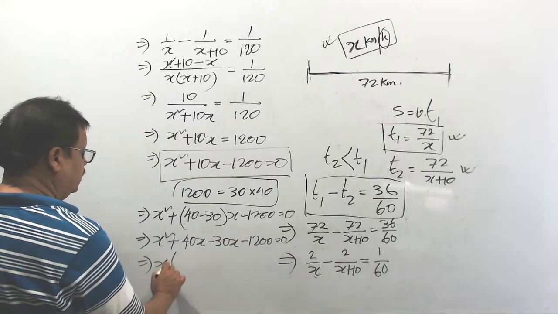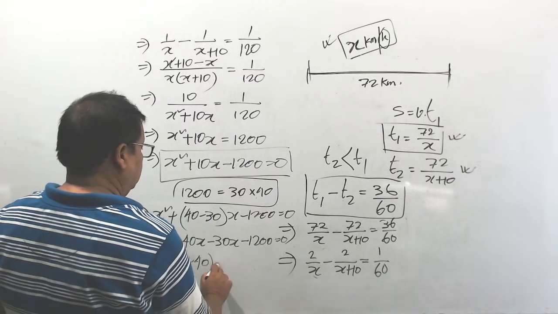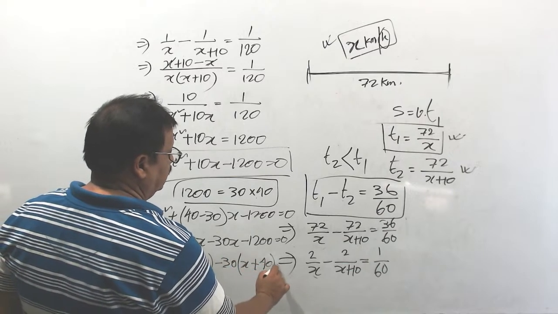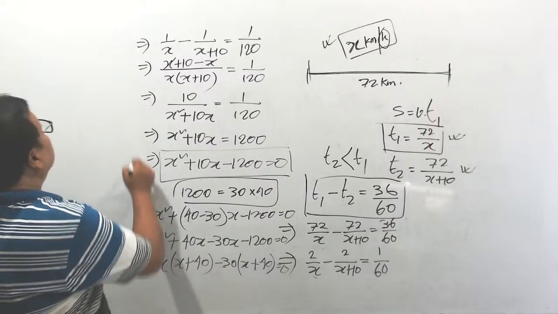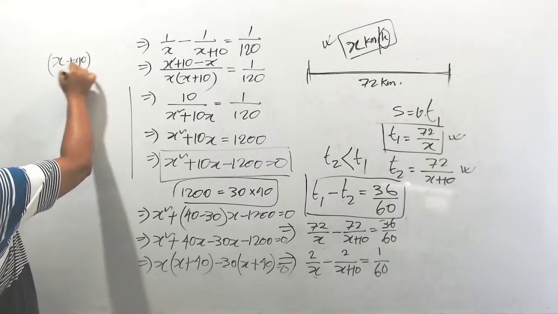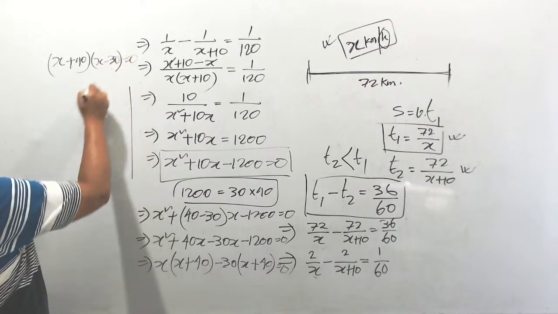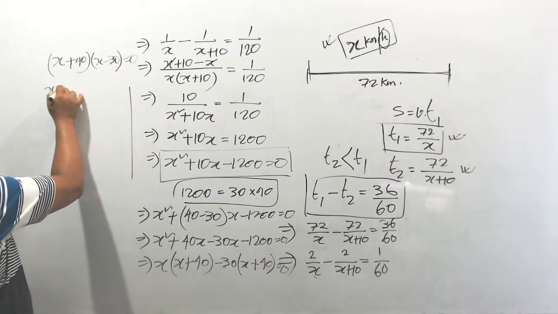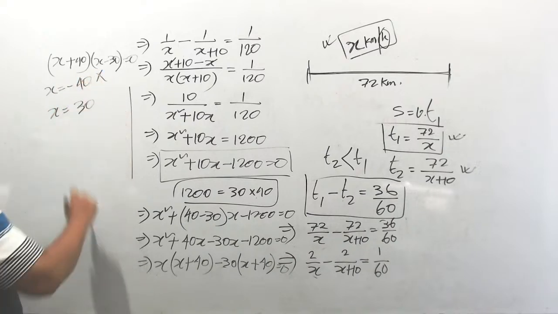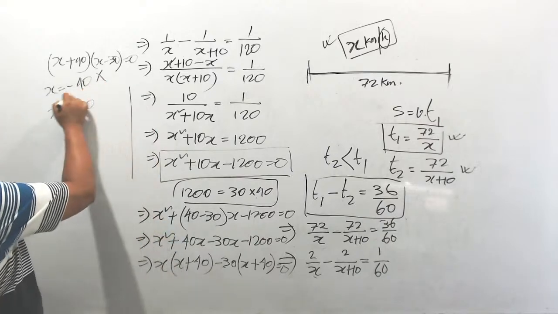This implies x into x plus 40, minus 30 into x plus 40, equals 0. So either x plus 40 or x minus 30 equals 0. Either x equals minus 40 or x equals 30. Speed cannot be negative, so this is not acceptable.